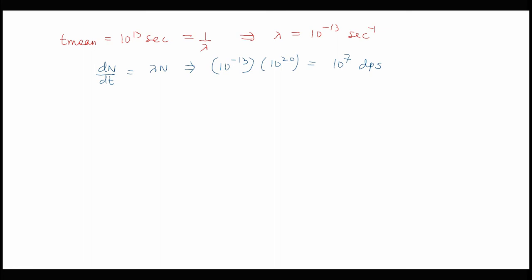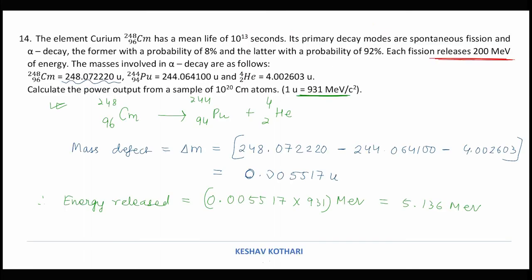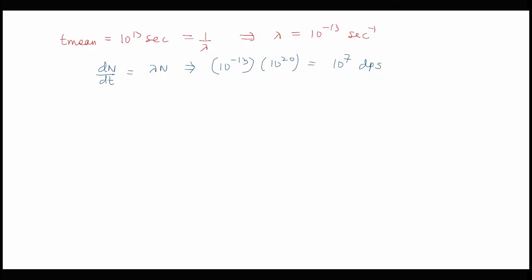Of these disintegrations, the problem says that there is a probability of 8% for fission and 92% for alpha decay, the two primary decay modes. So I can say the following equation holds true: of these disintegrations, 8% are fission and 92% are alpha decay.